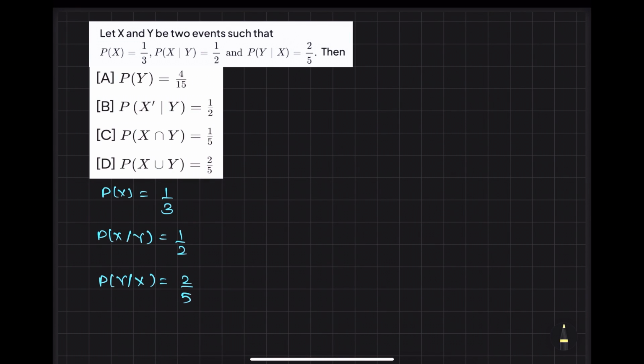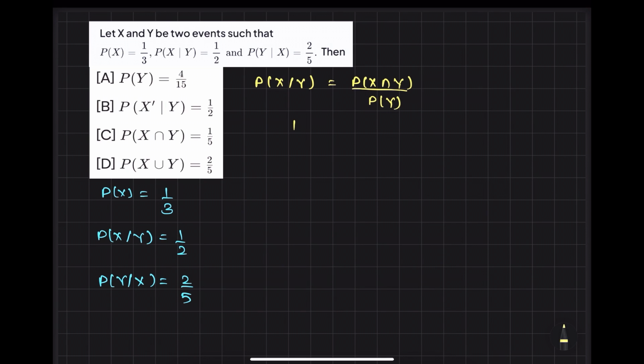So first I will break down the first part, P of X given Y. I can write this as P of X intersection Y upon P of Y. Now look at this. Who is P of X given Y?